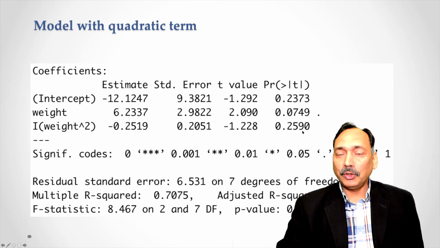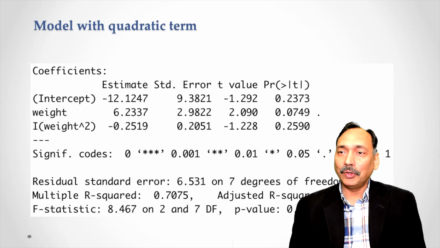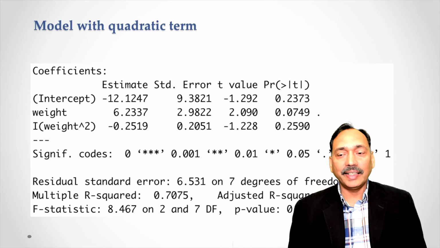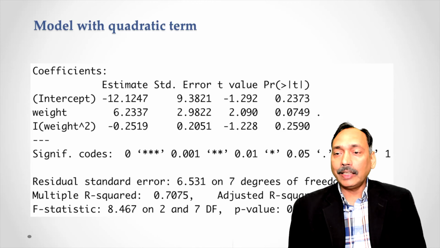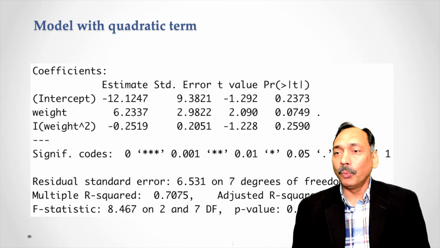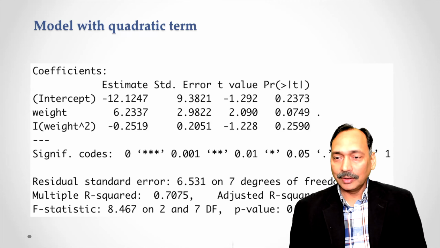So 1 minus 0.25 is just around 75%. Having 75% confidence in concluding a variable to be significant, in statistics that's not used. We need to have at least 90% confidence or more. So anything less than 90% is not even considered.